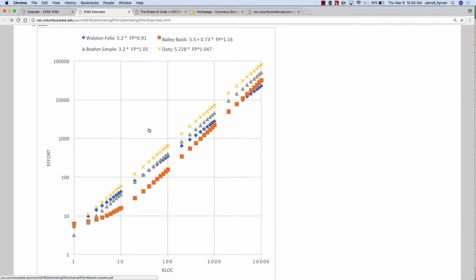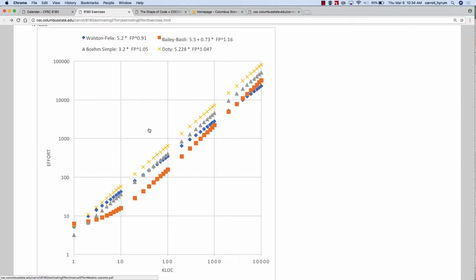So the Walston-Felix model is 5.2 times thousands of lines of code raised to the 0.91. So that means as our code size increases, and notice the x-axis and the y-axis are both logarithmic, so you need to account for that. As the 1,000 lines of code increases, they're saying that it's easier to deal with larger projects.